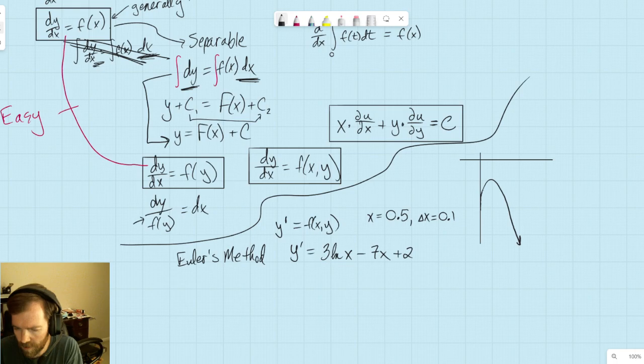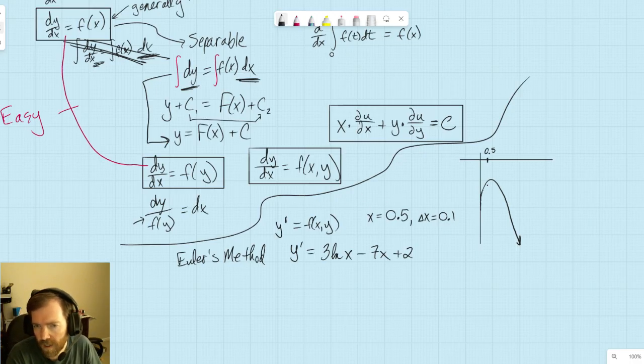So what we're going to want to do, all right, 0.5 is right about here, and we want to do 0.1, and so totally to scale. Yeah.